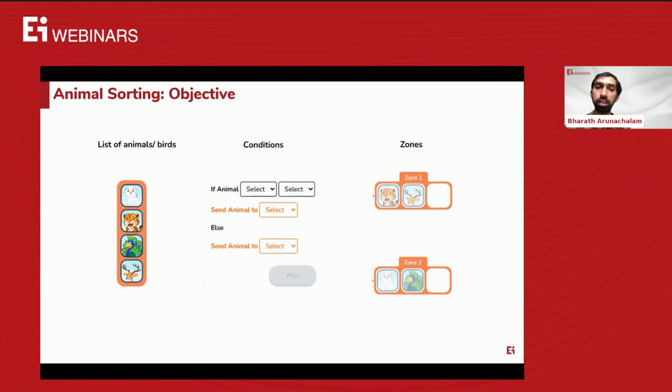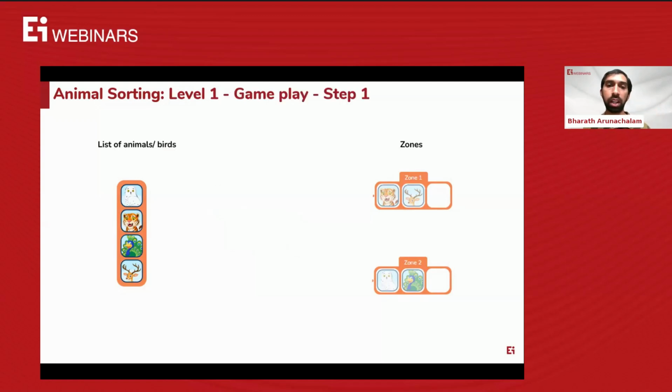The third aspect is the brain or the thinking area, wherein we have to apply these conditions. Here we have an if else statement. Here we are asking: if animal, we'll have to select some characteristic about that animal and a value for that particular characteristic. And then we can send that to either zone 1 or zone 2. Else we can send it to the other, because there are only two zones, that's the way the if else statement is designed. So let's look at the next set of steps.